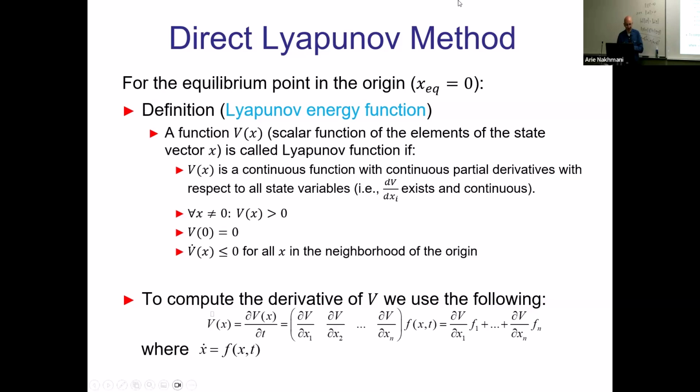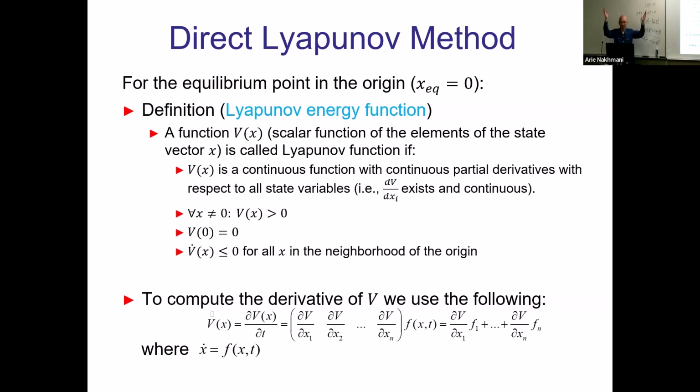Because this derivative is with respect to time. So V will get smaller with time if the derivative is negative, right? So if it is all the time going down, down, down, this is a negative slope, right? Going down. V will get smaller with time. So we want such a function which looks like that, right?